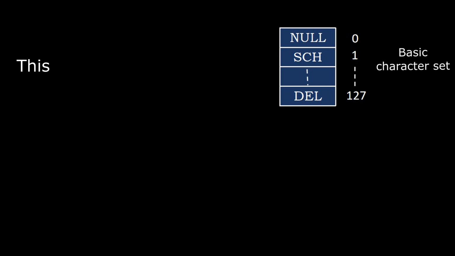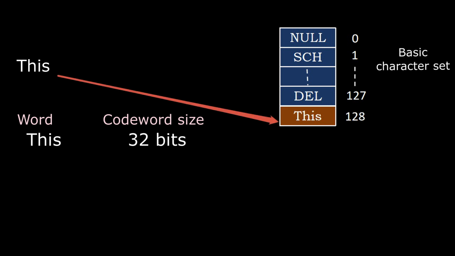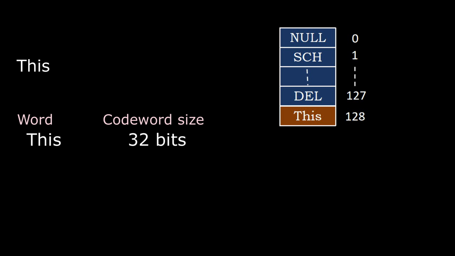So in order to encode the word "this," 4 into 8 bits are transmitted. In total, a 32-bit code size will be used for representing the word "this." Then the word "this" is included in the dictionary at the location 128. Therefore, the index used for representing the word is 128.